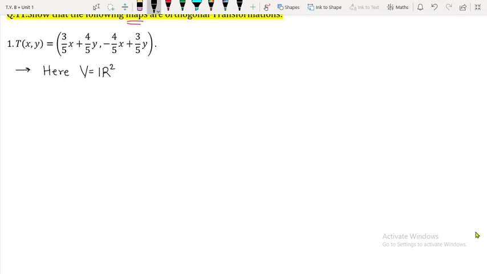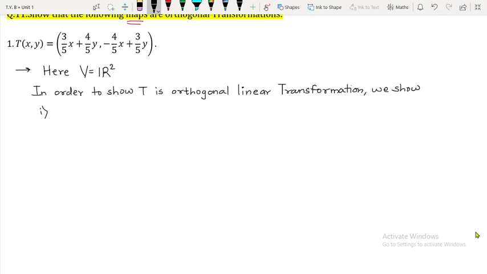So in order to show T is an orthogonal linear transformation, the first thing is T of 0 is equal to (0, 0). See, that condition will be easily satisfied, because if you put x is equal to 0, y is equal to 0, you are going to get a zero vector. I hope you understood this, because this is how our zero vector of R2 looks, right?